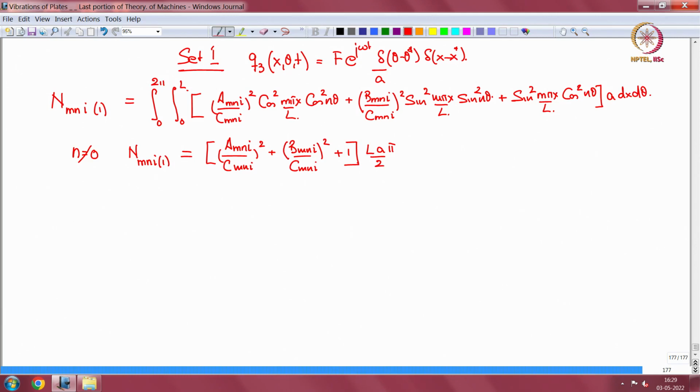When n equal to 0, I get N m 0 I first set as a m n I by c m n I whole squared plus 1 into L a pi. You can check this out. Anyway, for n equal to 0, the b term goes to 0, so you can check it out.